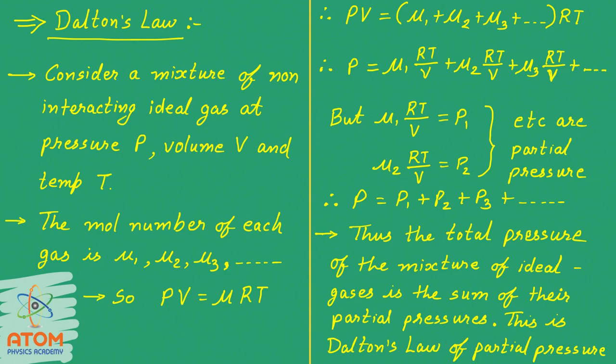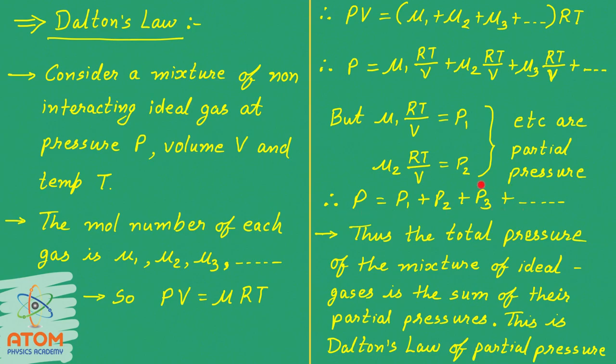So now we can write the equation as P is equal to P1 plus P2 plus P3 up to Pn. Here P is the total pressure of the mixture, whereas P1, P2, P3 are the partial pressures of each gas, or we can say the individual pressures of each gas in the mixture.